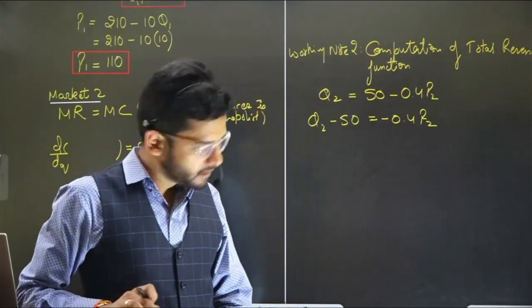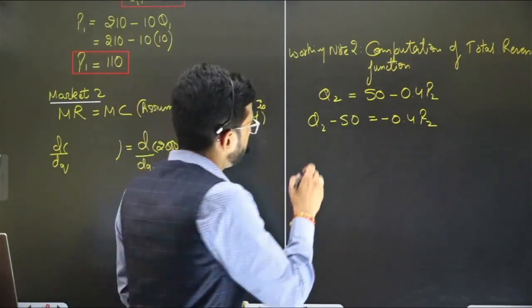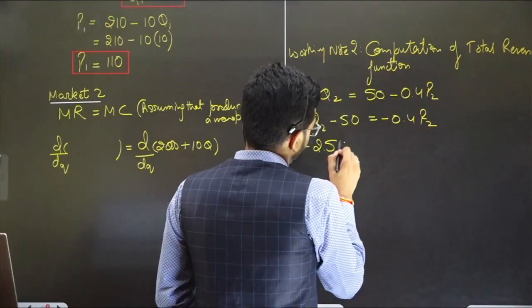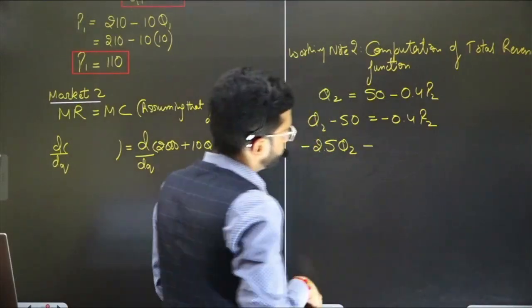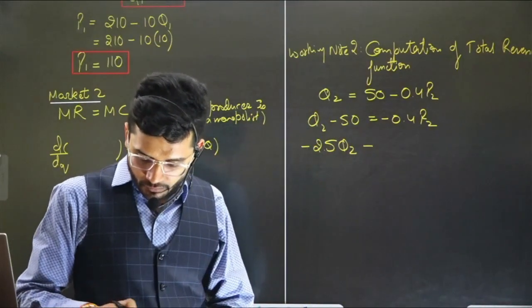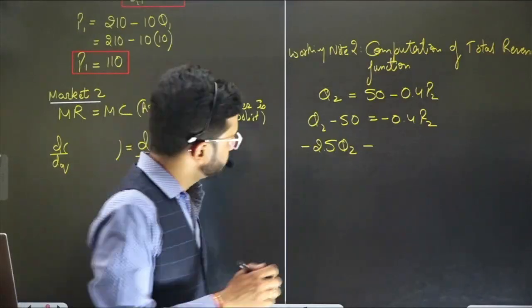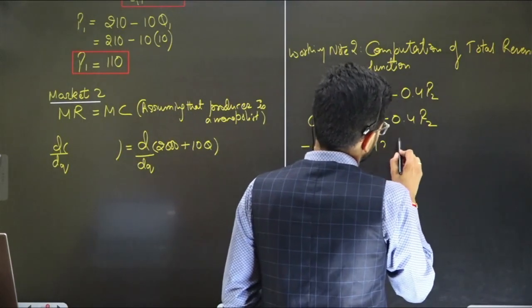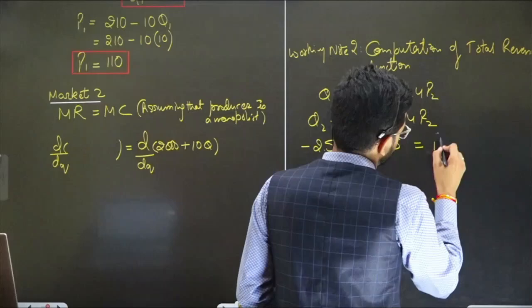So 1 divided by 0.4 is 2.5, plus 125 is equal to P2.